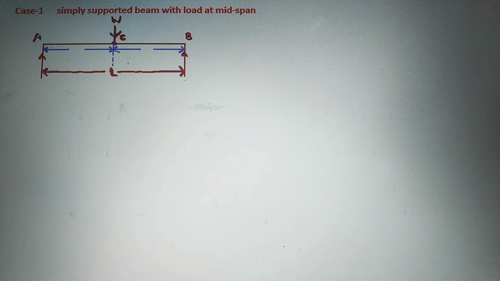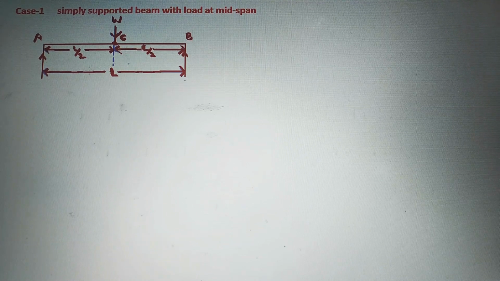So as the load W is acting at the mid span, the span A to C is L by 2, and the span B to C is also equal to L by 2.